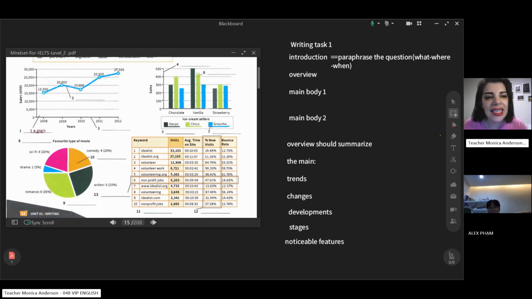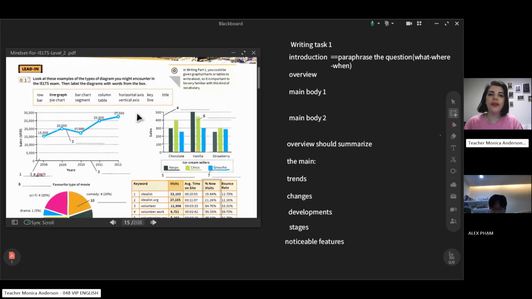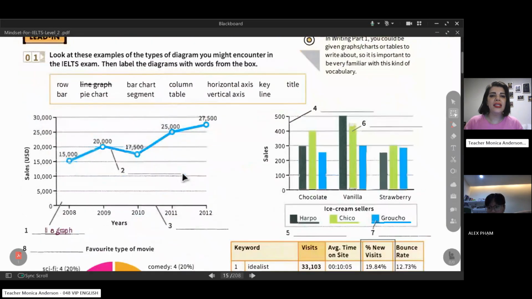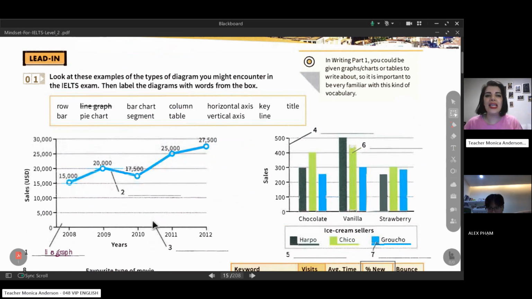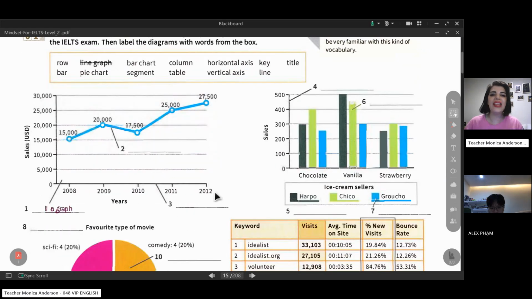Okay, so this is the structure that you need to follow in order to write your essay for Task 1. Now let's move on to the book, and let's learn some words related to charts and diagrams. Look at this chart and diagram, look at this visual.